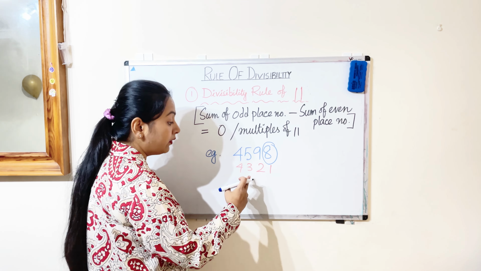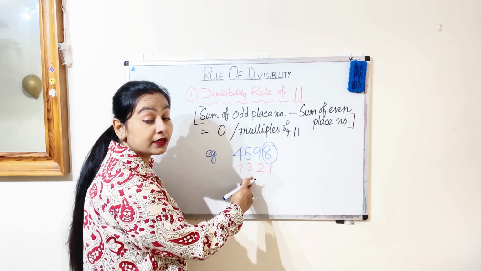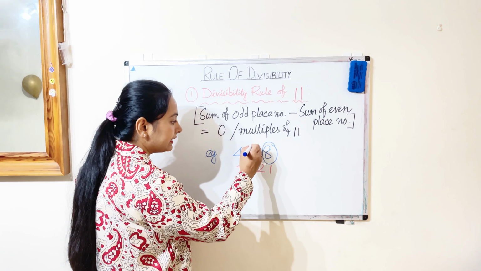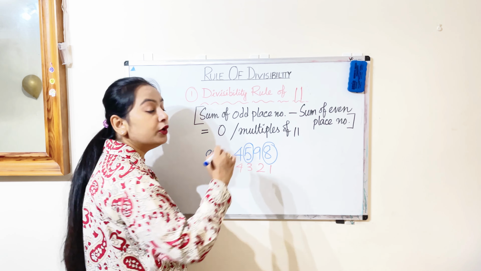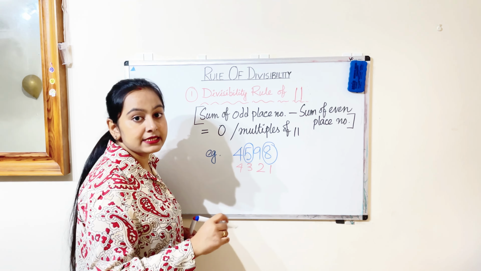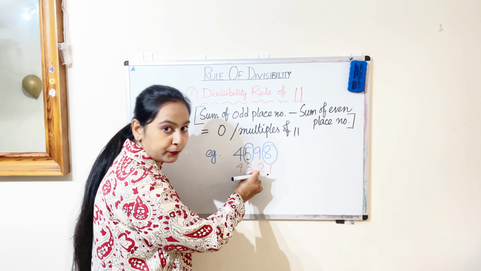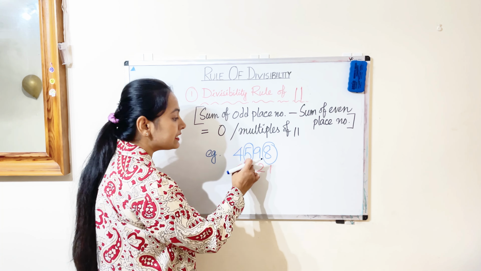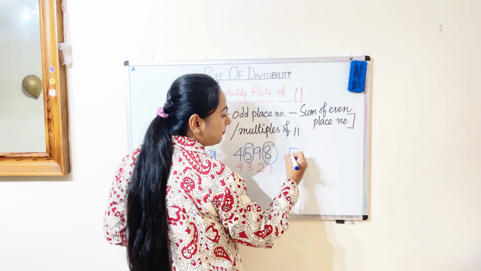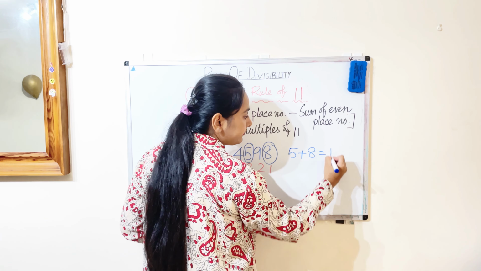The next one is at the third position, and that digit is 5. So we have to add these two digits, 5 plus 8, 13.